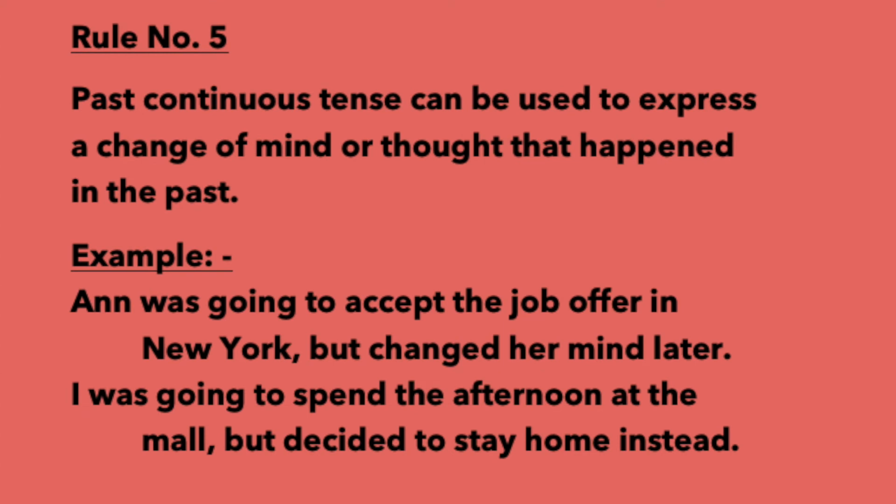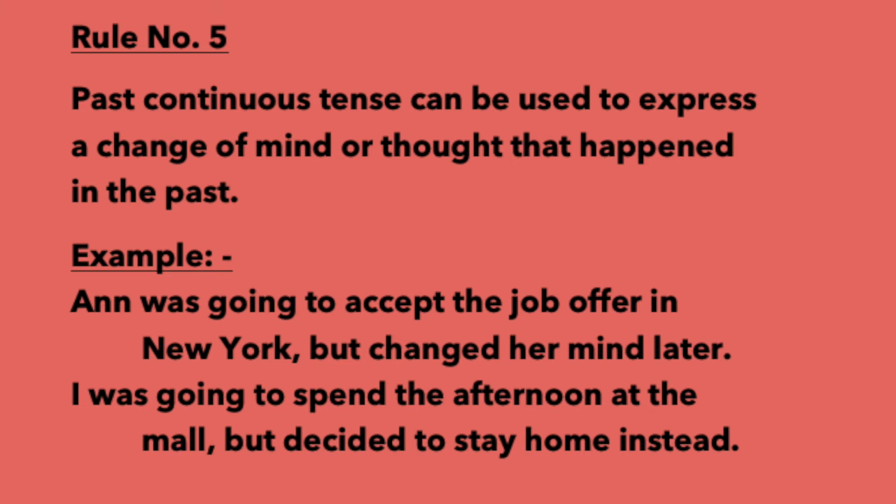Rule number 5. It can be used to express a change of mind or thought that happened in the past. For example, Anne was going to accept the job offer in New York but changed her mind later. From this sentence, we can understand that Anne was going to accept the job offer in New York but changed her mind later.